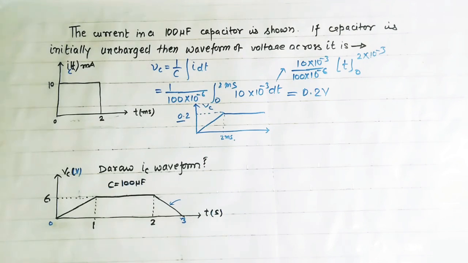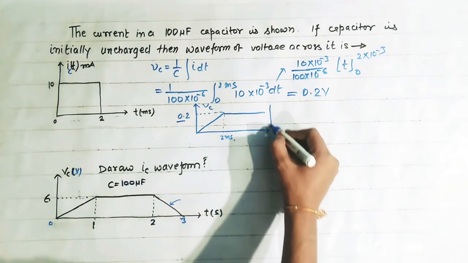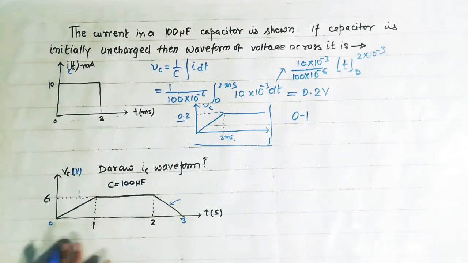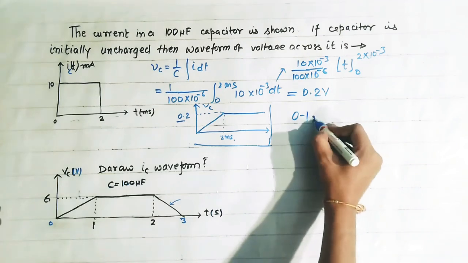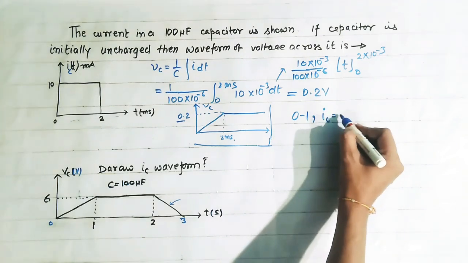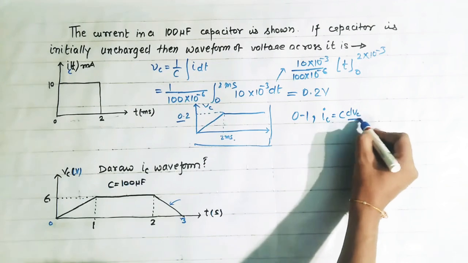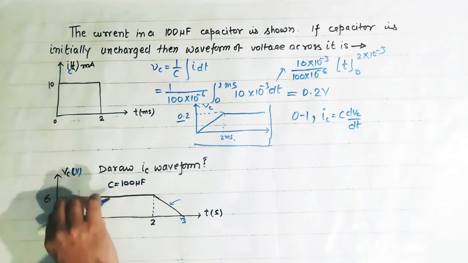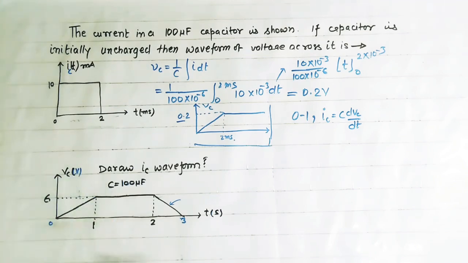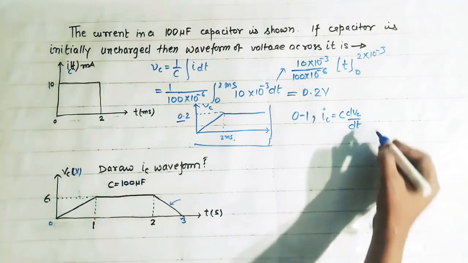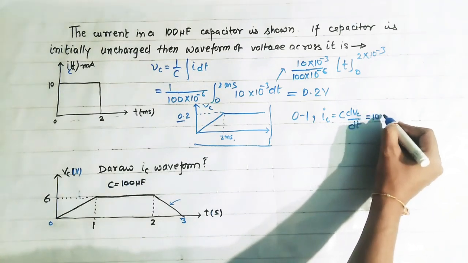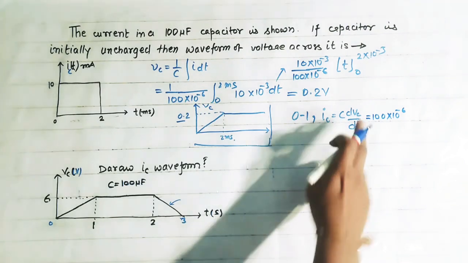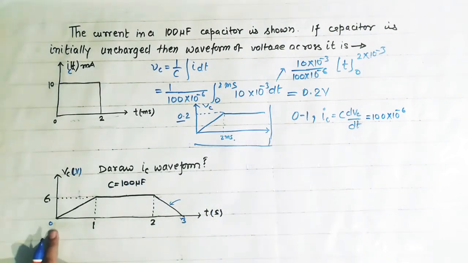So how can we draw the waveform? See, from 0 to 1 second we can write capacitor current IC is equal to C dVc by dt. And we know that the differentiation of this ramp function is a constant function. So the capacitance value is equal to 100 microfarad. And what is the change in voltage, dVc? Change in voltage is 0 to 6 volt.